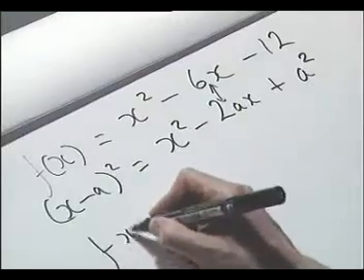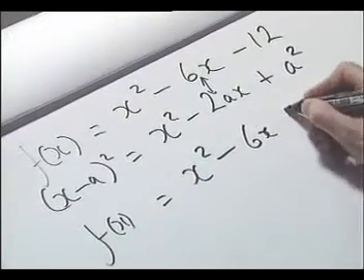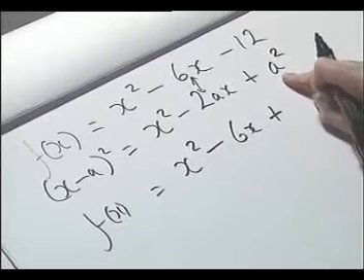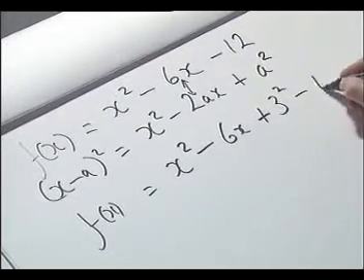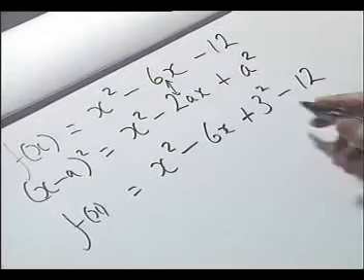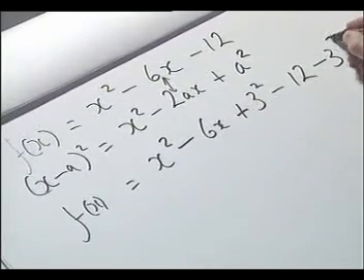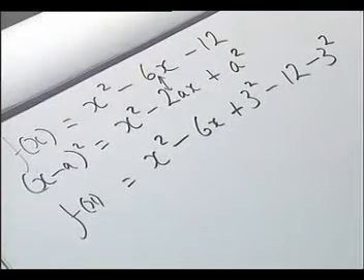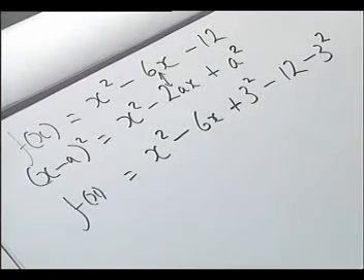So, f of x is equal to x squared minus 6x plus a squared, which is 3 squared, minus 12. And now we added on 3 squared, so we've got to take the 3 squared away in order to keep the value of the original expression that we started with.